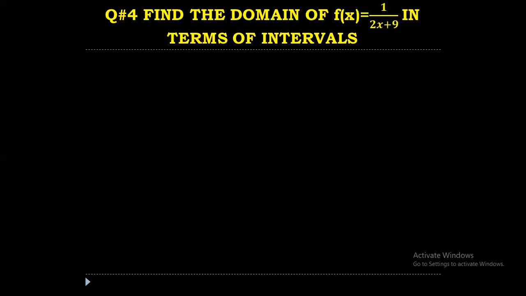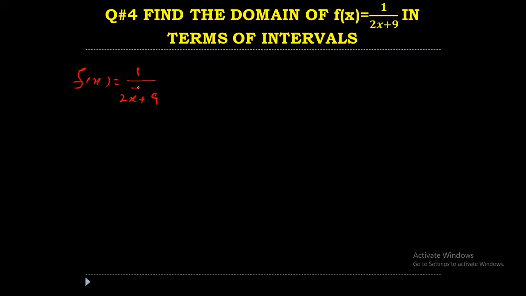Question 4. Find the domain of f(x) = 1 over 2x plus 9 in terms of interval. So you can see something over linear. In every question we did today, the type is something over linear. So f(x) equal 1 over 2x plus 9.